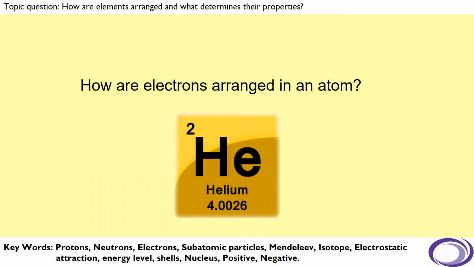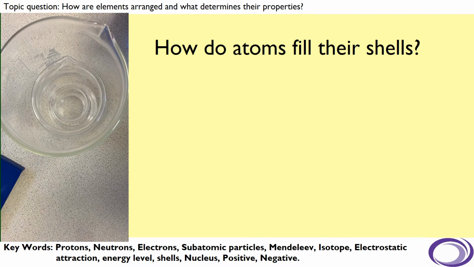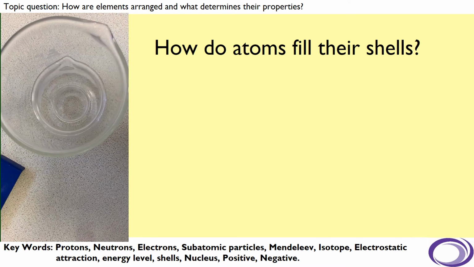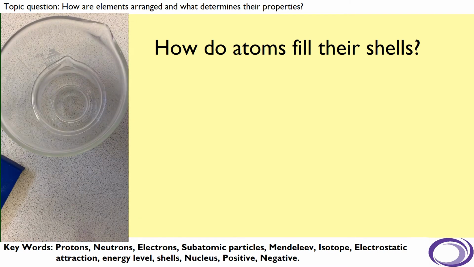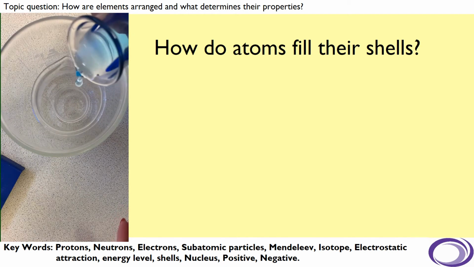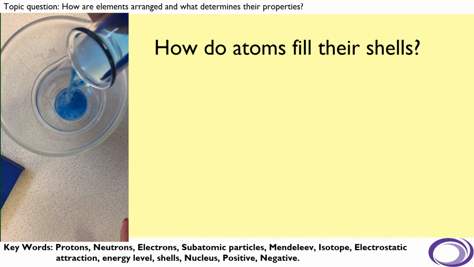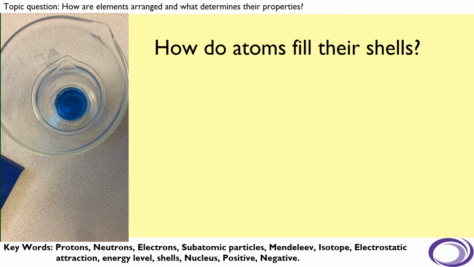So now we need to look at how the electrons are arranged in an atom. Electron shells fill in a particular way. In this small model, I'll be using blue liquid as my electrons. Now, electrons will always fill the lowest energy level first.